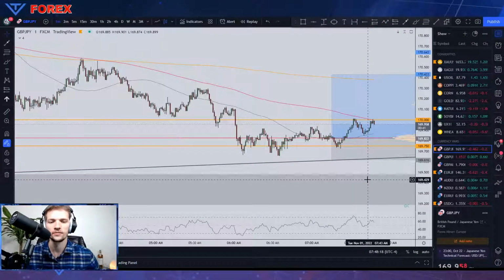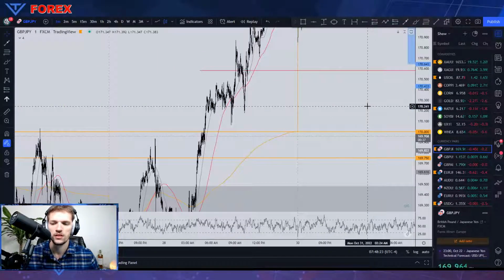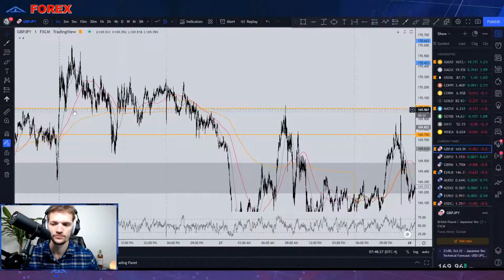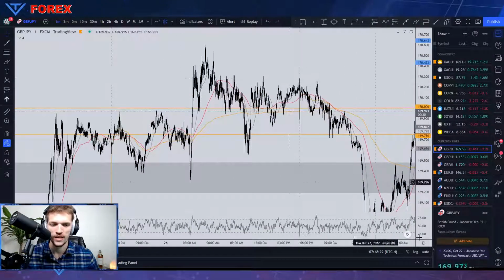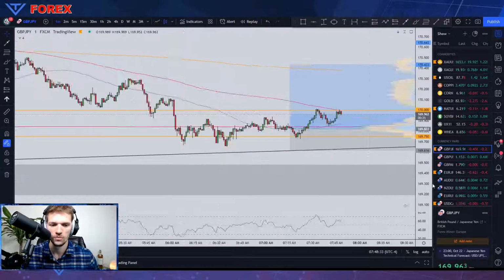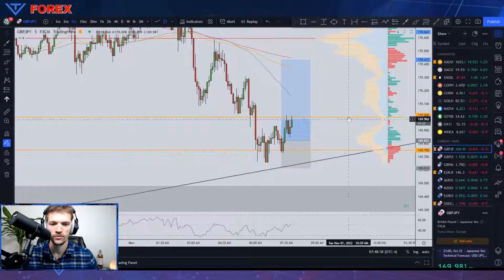Putting up a fight here, as it has in the past. Pretty strong area, this 170 quarter point. Very strong looking at it in the past. So that's why it's putting up a fight. But overall, we should be okay. It's just going to battle first before it then breaks.